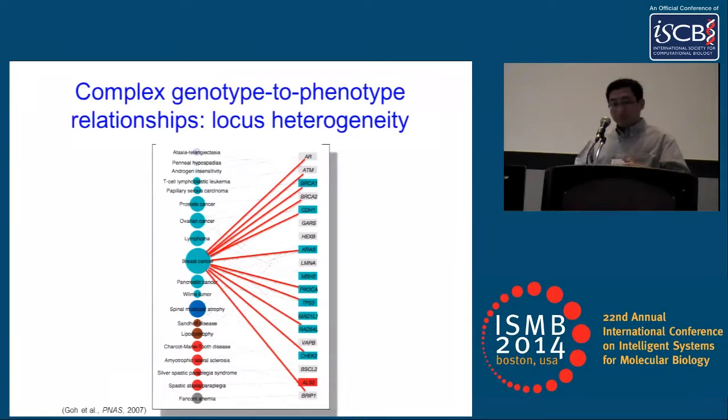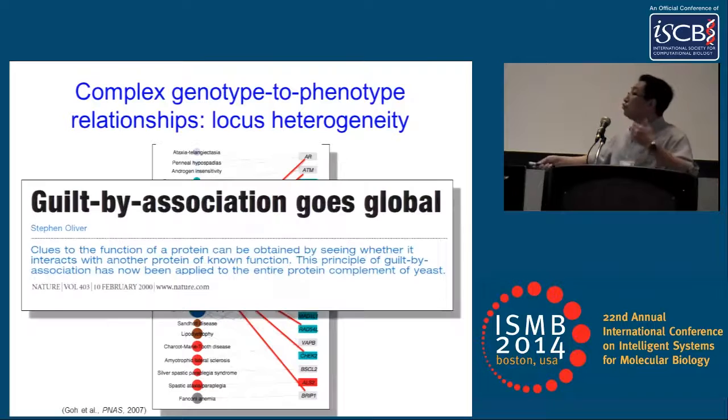And so one main goal is trying to predict what mutations in what genes can cause this particular disease using known disease mutation information. And this is where the guilt by association principle comes into play. People have been using this for more than 14 years, and it has been really helpful.